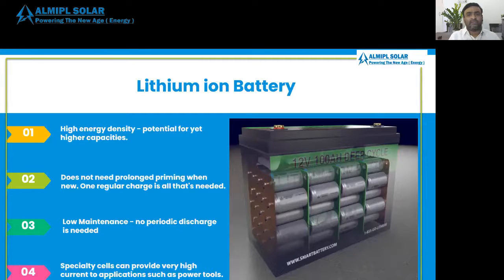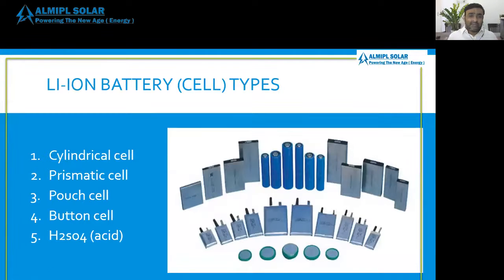Now everybody is commonly using lithium ion batteries. In future, solar will also use lithium ion batteries because the life expectancy is more. Lithium ion battery cell types are cylindrical cell, prismatic cell, pouch cell, and button cell. We do not require H2SO4 for a lithium ion battery.